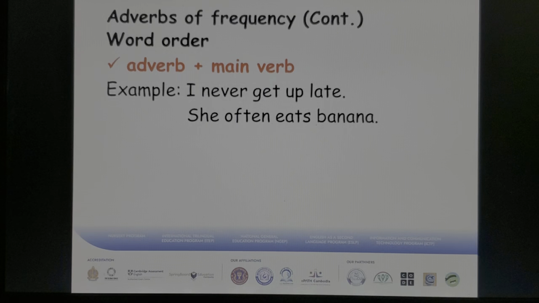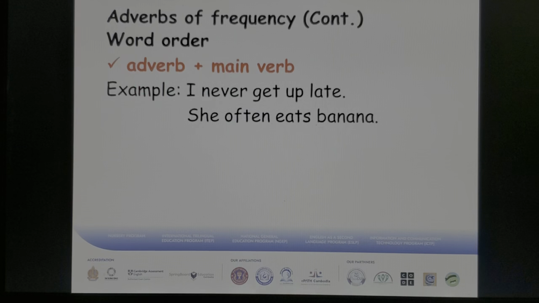Another example: she often eats bananas. She is the subject, often is the adverb, and then the main verb eats.